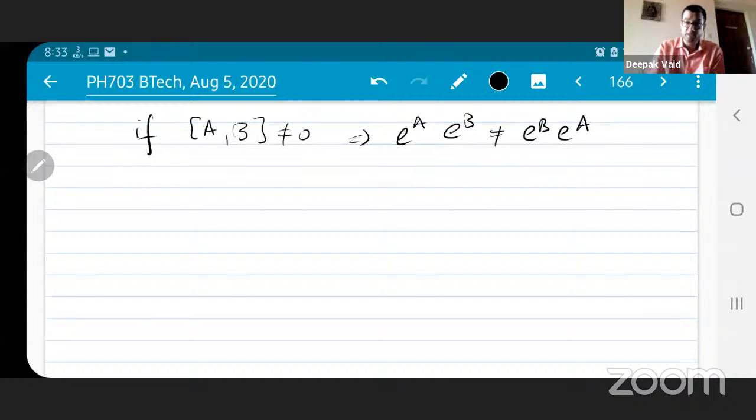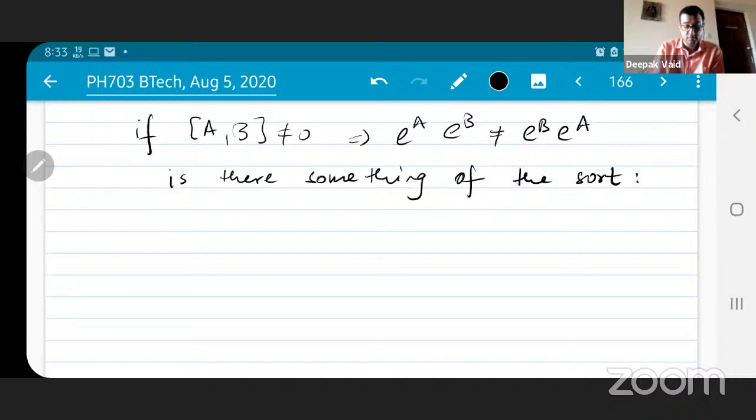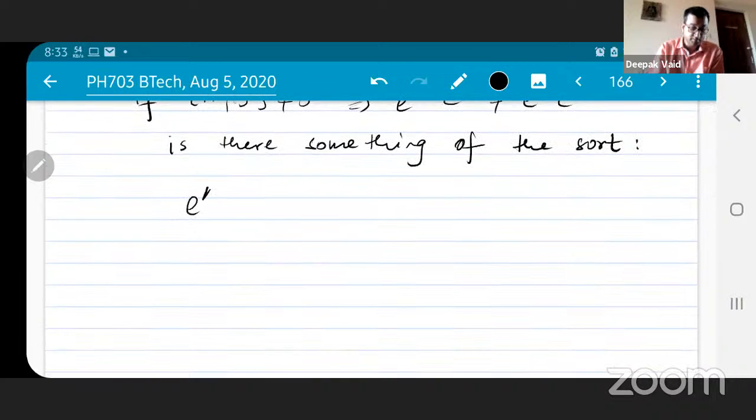So the question then becomes, is there some way to write exponent A and B as exponent A plus B multiplied by something, right?